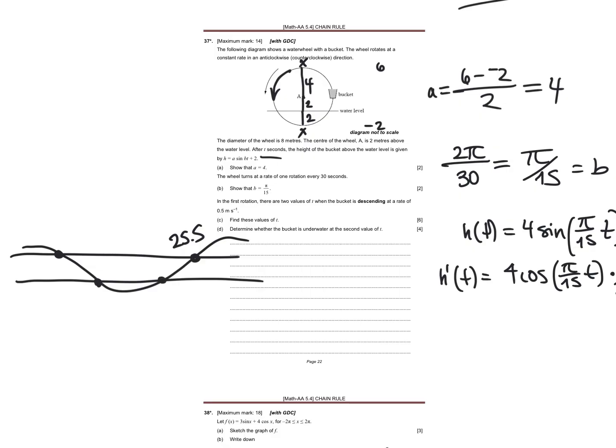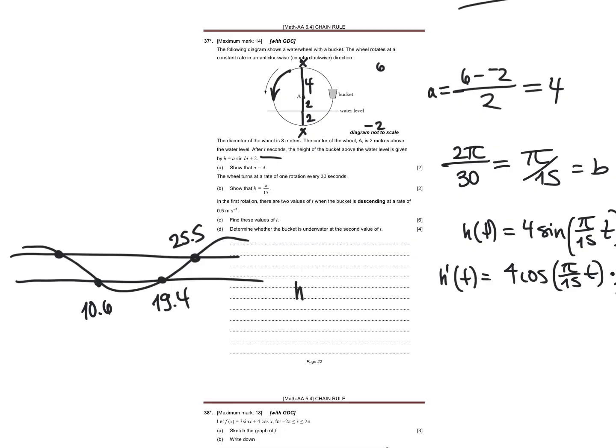And also you can't put in 0.5 because you don't know where the bucket starts. So these two answers are 10.6 and 19.4. Determine whether the bucket is underwater at the second value of t.